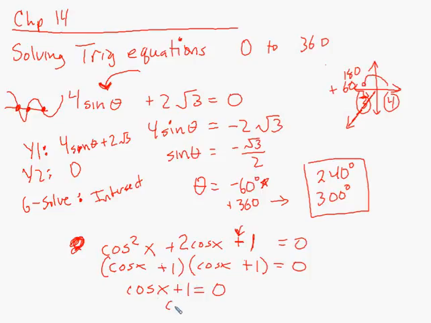And then I subtract that 1. And then I inverse cosine. So x equals, what's the inverse cosine of negative 1? 180. And that's actually the only answer. Okay? I'll give you a second to get that.